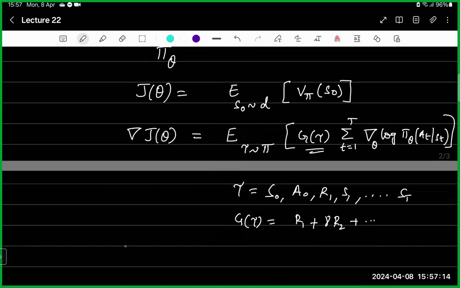Then we derived some variants of this, right? Instead of G tau, we made it G_t. How did we do that? Because G tau is a function of all the returns.